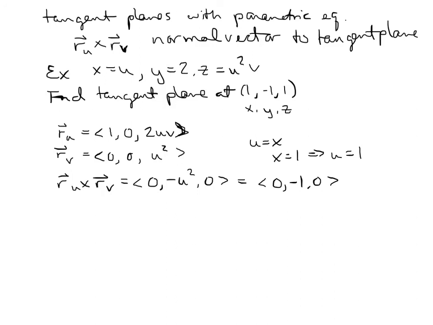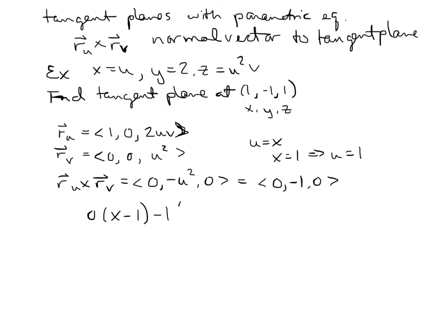And so I can plug that into our equation of the tangent plane with the normal vector. There are a couple different ways we could do this, depending on the formula that you like. But let's do this where we've got the first component 0 multiplied by x minus the x naught value, which is 1.